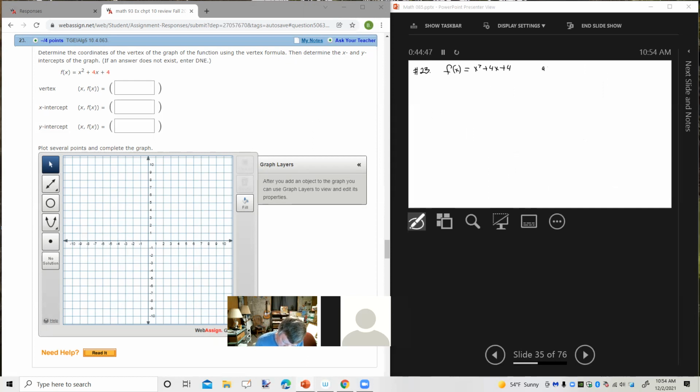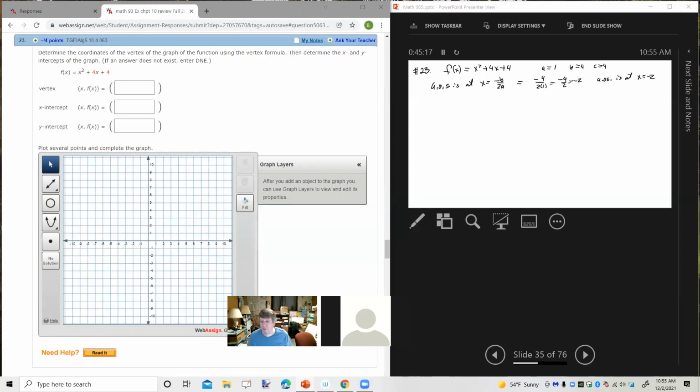Okay, so for this, we've got a is 1, b is 4, and c is 4. When a second degree equation is in this form, the axis of symmetry is at x equals negative b over 2a, which would be negative 4 over 2 times 1, or negative 2. So the axis of symmetry is at x equals negative 2.